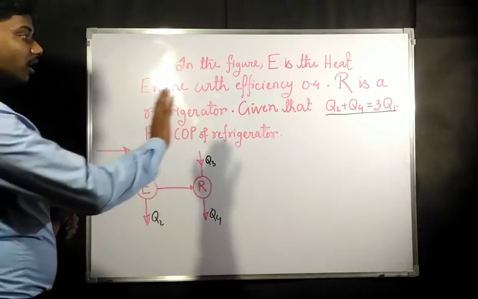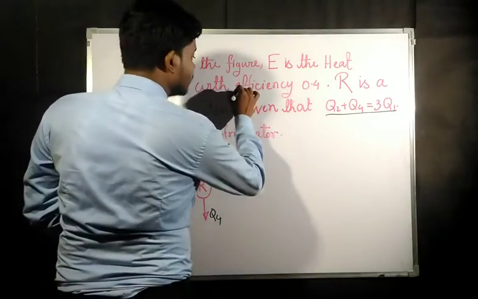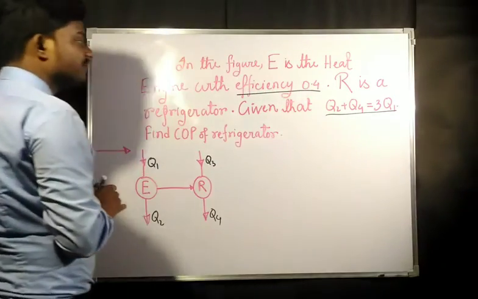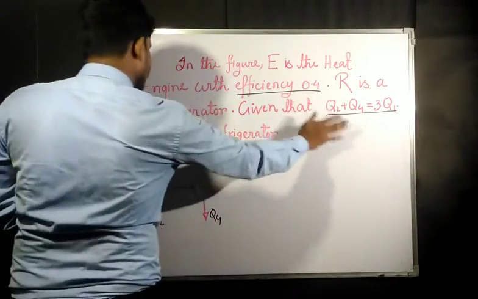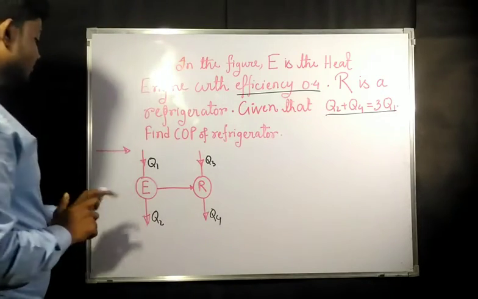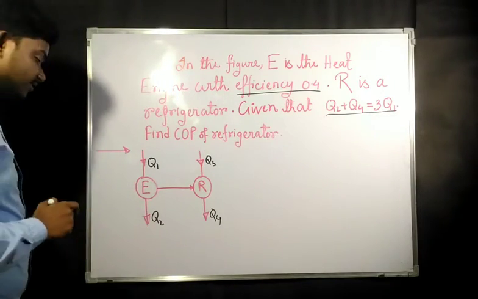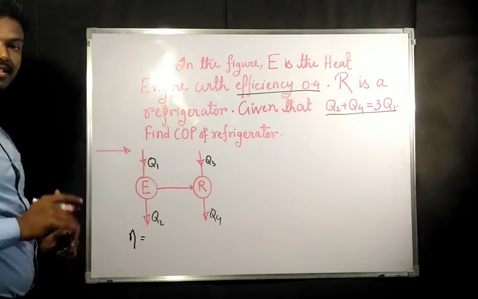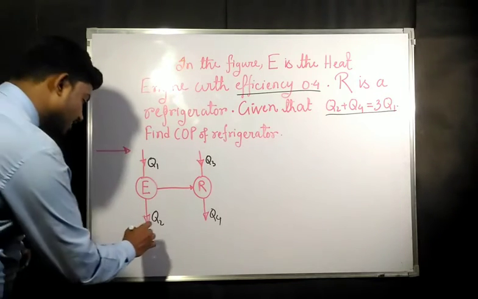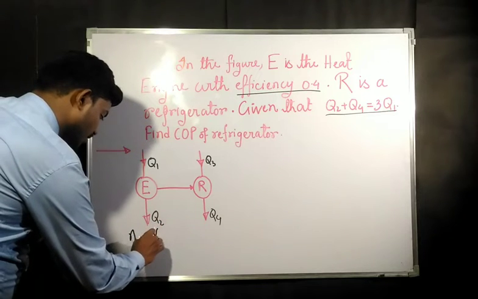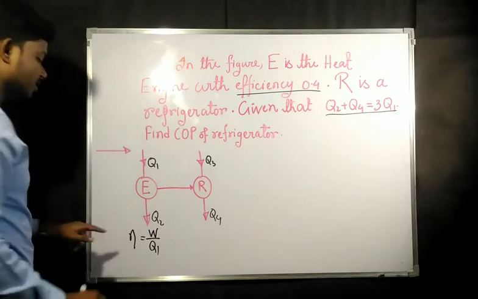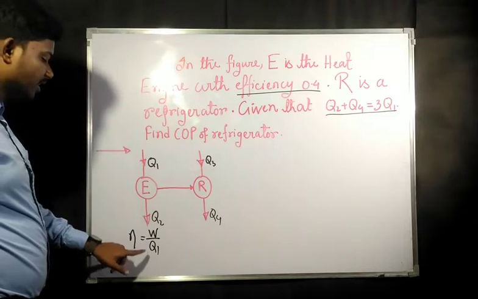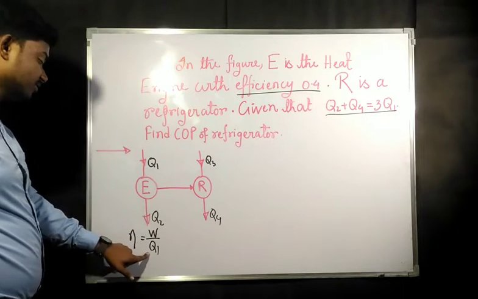First of all, we need to see what they have given. They have given efficiency 0.4 and this equation. If this is the engine, first let us see the efficiency. Efficiency for a heat engine is W divided by Q1, that is, whatever work you get divided by whatever heat you give as input.